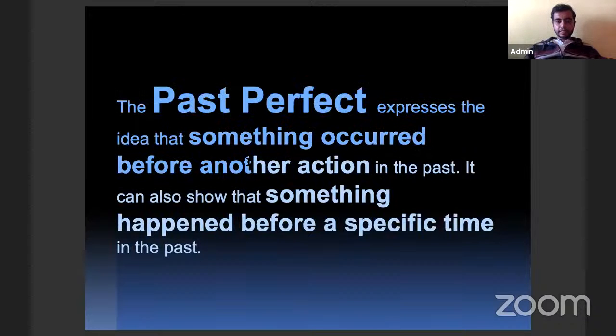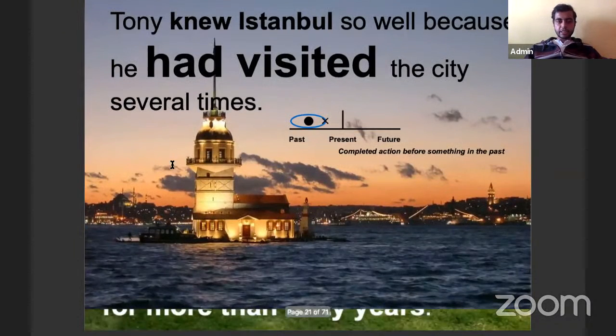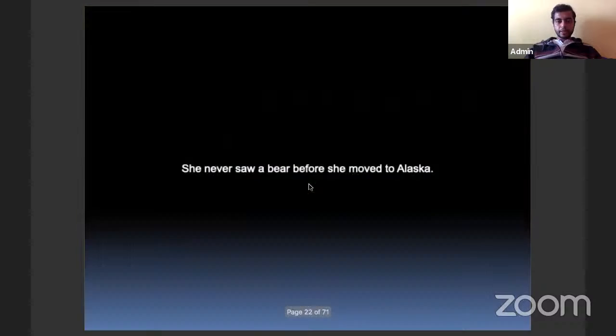Past perfect expresses the idea that something occurred before another action in the past. That much we have understood. It can also show that something happened before a specific time in the past. That is also what we are seeing. But here, she never saw a bear before she moved to Alaska. What is the past form in this?